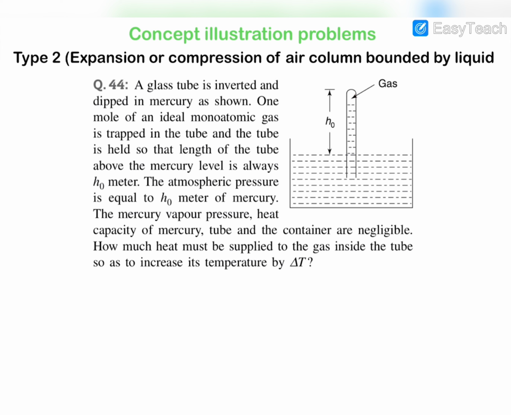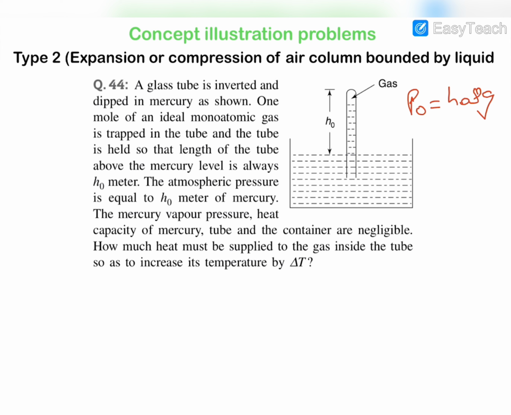Now it is also given that atmospheric pressure is equal to h0 rho g. It is given in the question that P0 is equal to h0 rho g, and we have to increase the temperature of this gas by an amount of delta T. So we have to find out the amount of heat supplied to the gas.